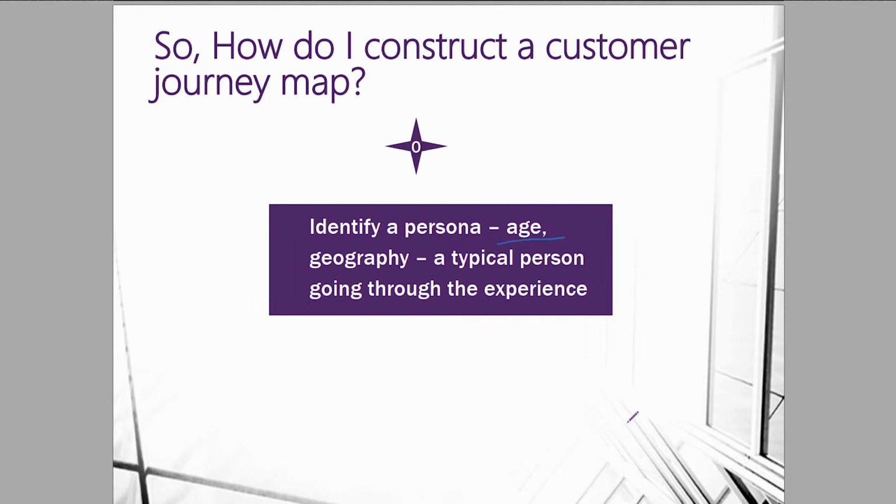Just to again recap, the first step that we normally involve in customer journey mapping is to know who this person is, the persona. The persona is in three parts. One is the age of the person, second is the geography, and third, just for fun, we will even name this person.